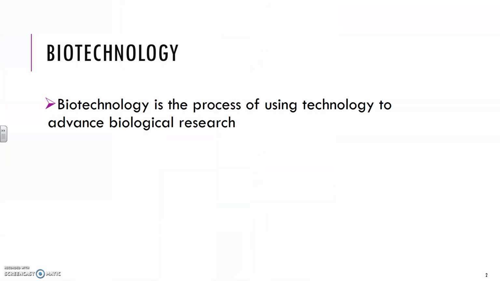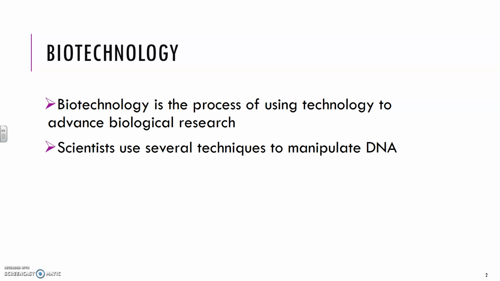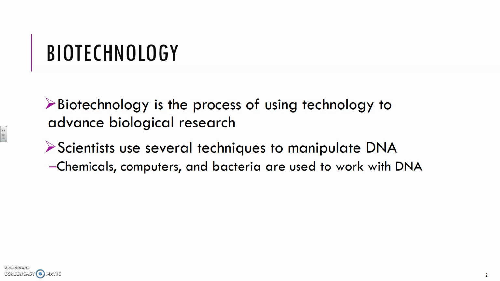First up, biotechnology is the process of using technology to advance biological research. Scientists will use several different techniques to manipulate DNA. It goes into basically being able to decode DNA, manipulate it, identify the source of the DNA, all different kinds of things.